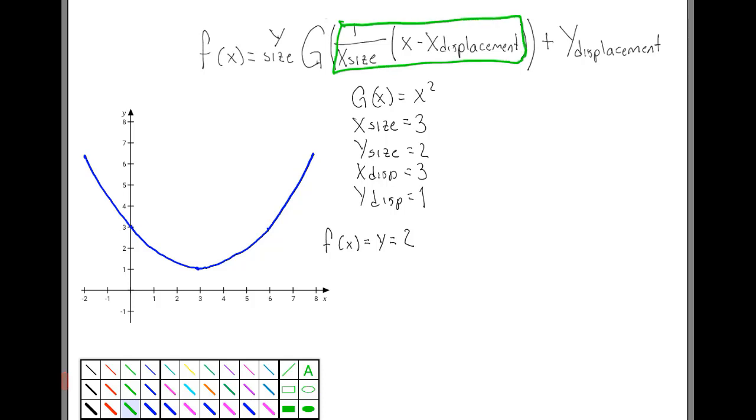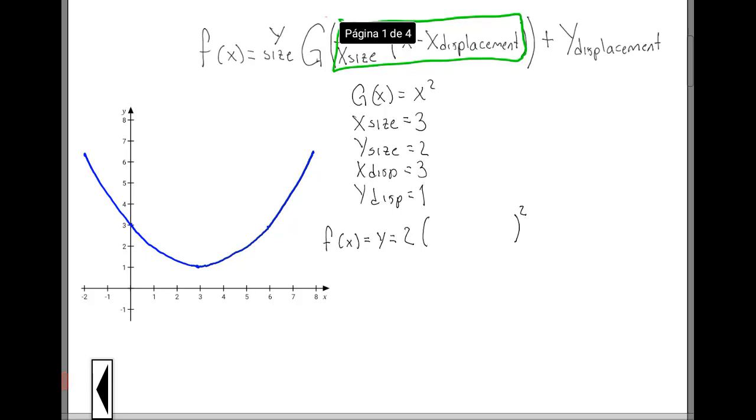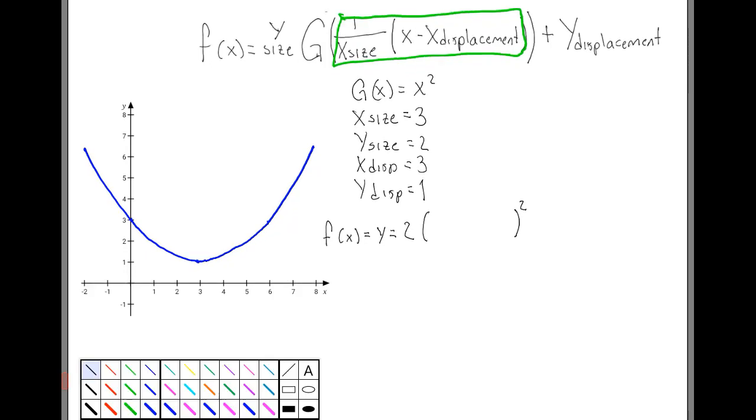This means that we are using function composition. Remember how we do function composition? Instead of writing the function x, we write parentheses, and inside the parentheses we just write what we have here in green. In this case is 1 over the x size, that is 1 over 3, times x minus the x displacement, that is 3, 2.